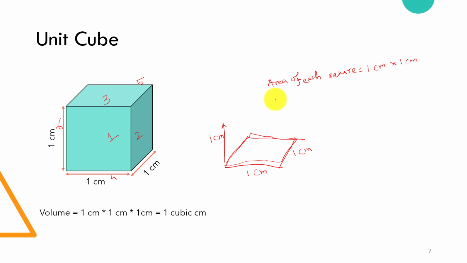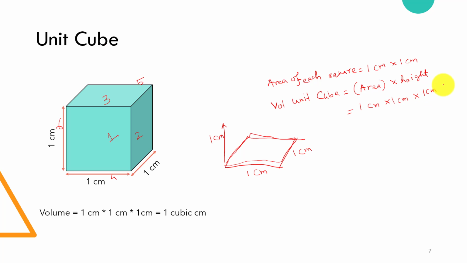So the volume of this unit cube will be this area into that height, because we are reaching that 1 centimeter height over here. That means 1 centimeter into 1 centimeter into 1 centimeter.